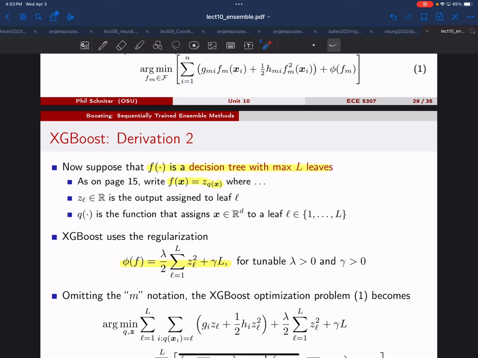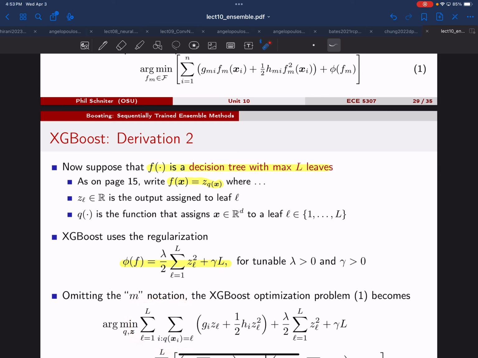Okay, but coming back to this optimization, we now know what all these terms mean, and so we can actually do the derivation. To do this derivation, it's very similar to when we talked on Monday how to design a tree to minimize a generic loss. So what we did is we replaced the sum over the training samples with a double sum.